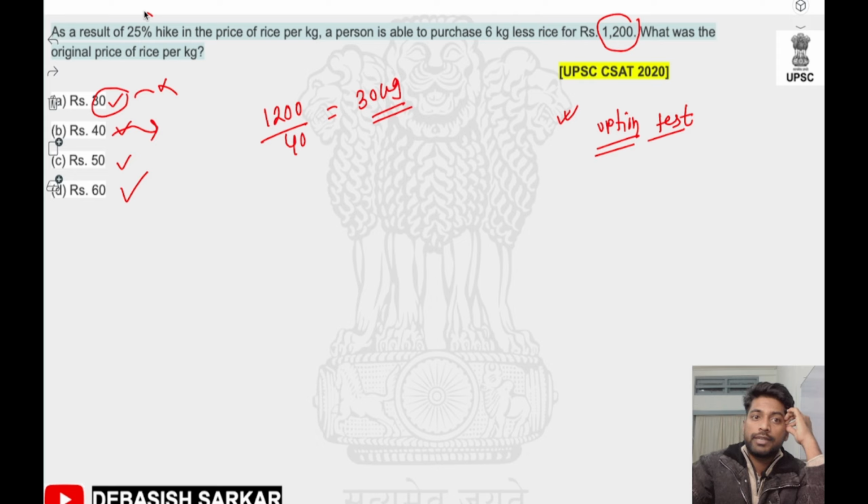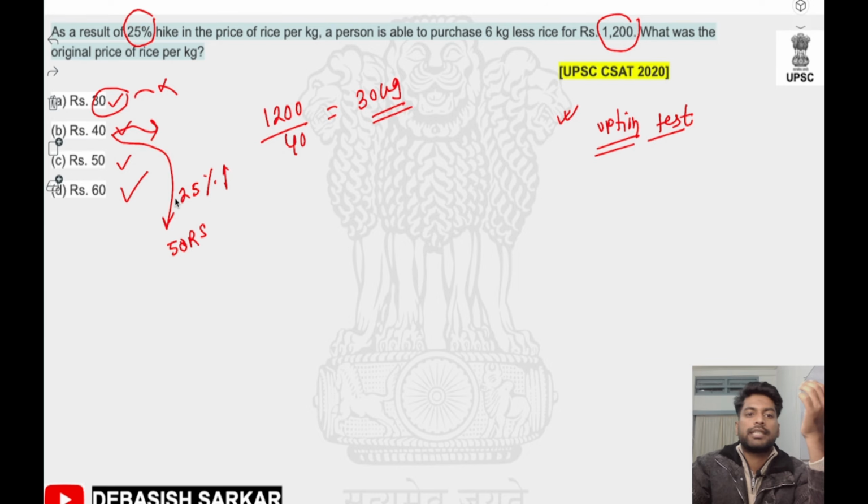Now they are saying that the price got increased by 25%. So if the price increases by 25%, now the price is 50 rupees, right? 40 increased by 25% means 50 rupees. Now the same amount he has to spend at 50 rupees per kg, so he will get 24 kgs.